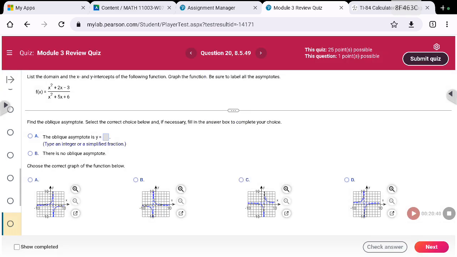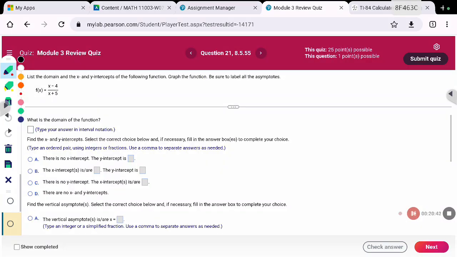All right, last one for this video. Finding all the things again. This one, I don't need to factor because there's no factoring to do. If x minus 4 in the numerator is the factor, that means its zero is positive 4. If x plus 5 is in the denominator, that means its zero would be -5. So those are the zeros of the numerator and the denominator.